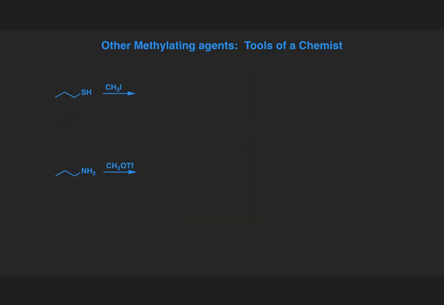In addition to sulfonium ions, chemists have a variety of other methylating or alkylating reagents that are actually probably a little more common than sulfonium ions.